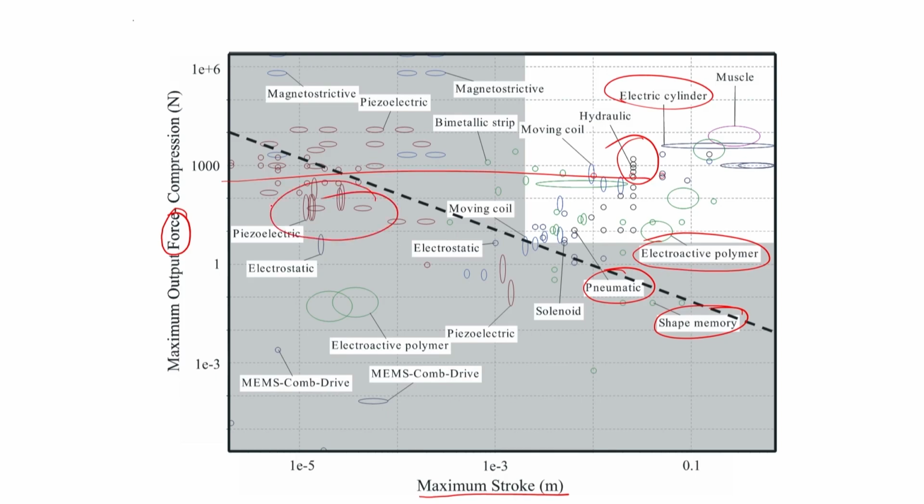If you want to talk about a large force level, then you have magnetostrictive material as one of the best choices. And if you are talking about low force and low stroke, but high precision, then we have to go for MEMS based drives.